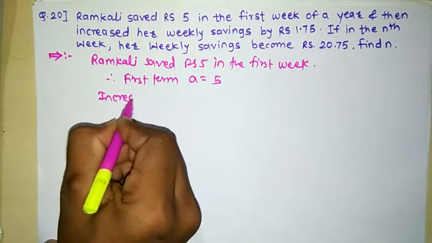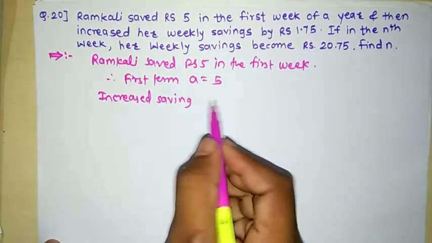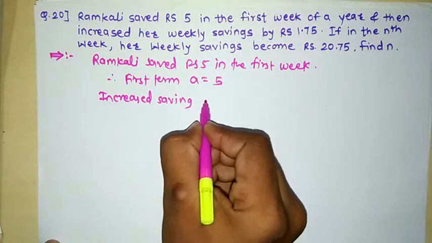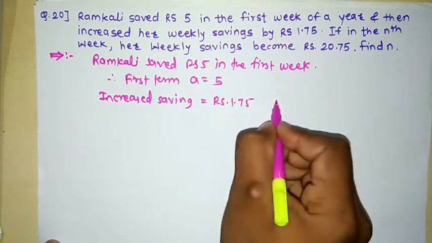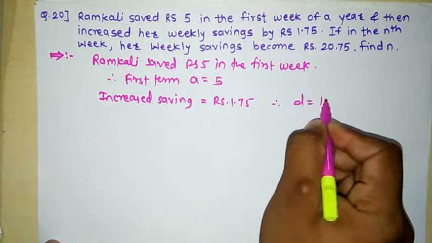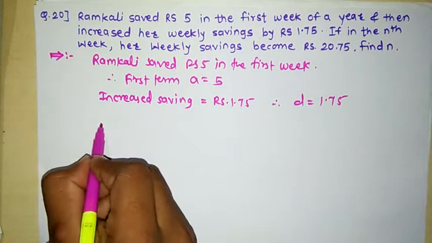Increased saving is equal to rupees 1.75. Therefore we can say that common difference D is equal to 1.75.